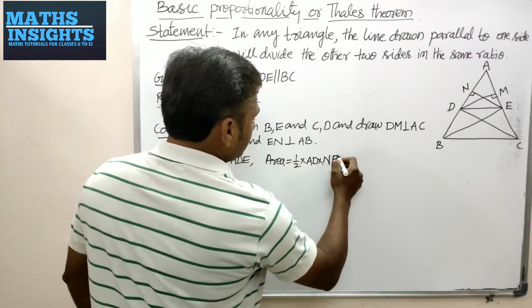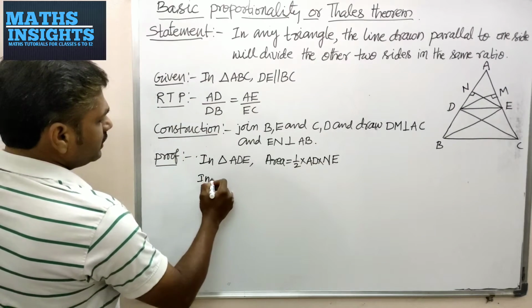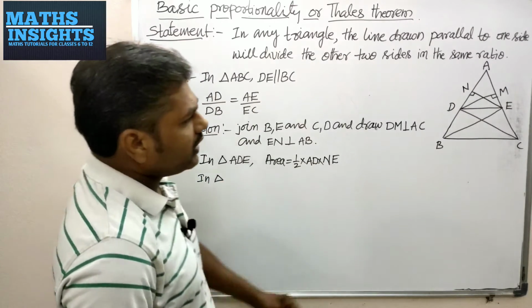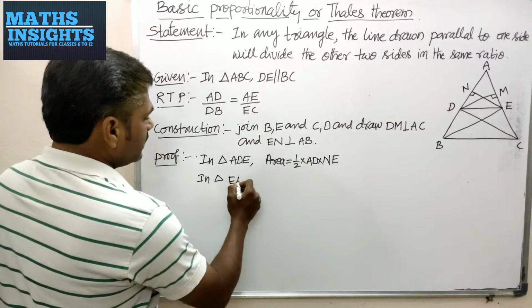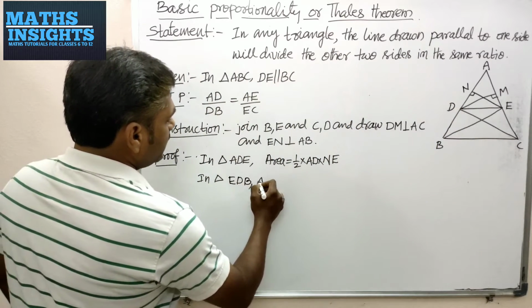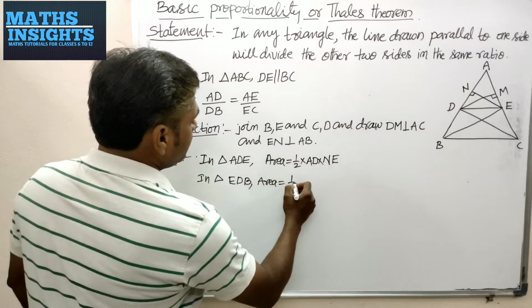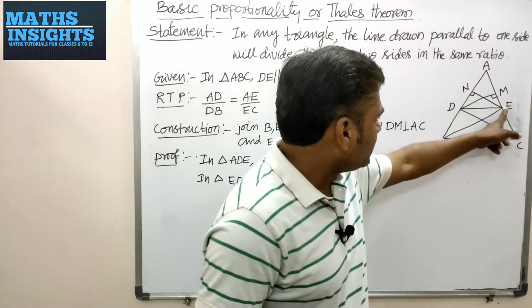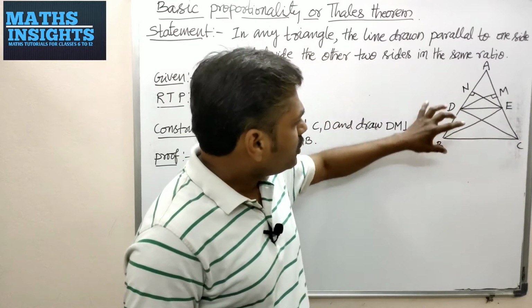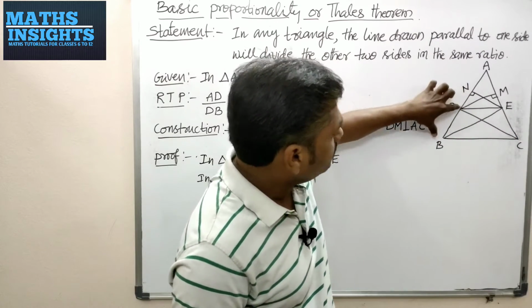Okay, and in triangle EDB, the area is equal to the same formula, half into base into height, but for this EDB you have the height outside the base.